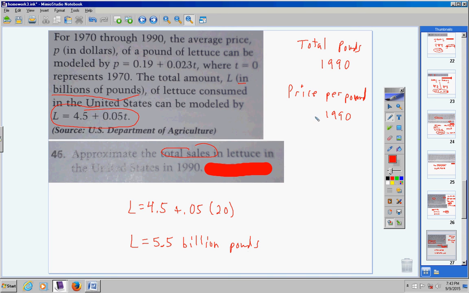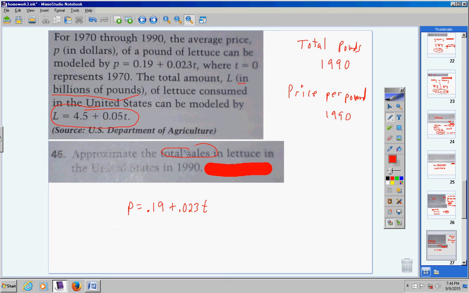Now let's find my price per pound, okay? My price per pound. So here we go. In order to find my price per pound, I'm going to erase this. In order to find my price per pound, I want this model here. Remember, this model is the average price for a pound of lettuce. So this is my model I want to use. So my average price equals 0.19 plus 0.023 T. Remember, this model's made up so I can put in a year and get out the price per pound.